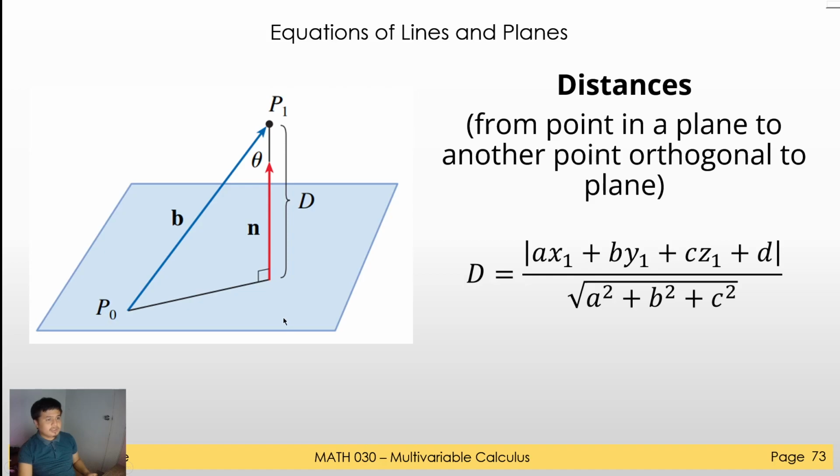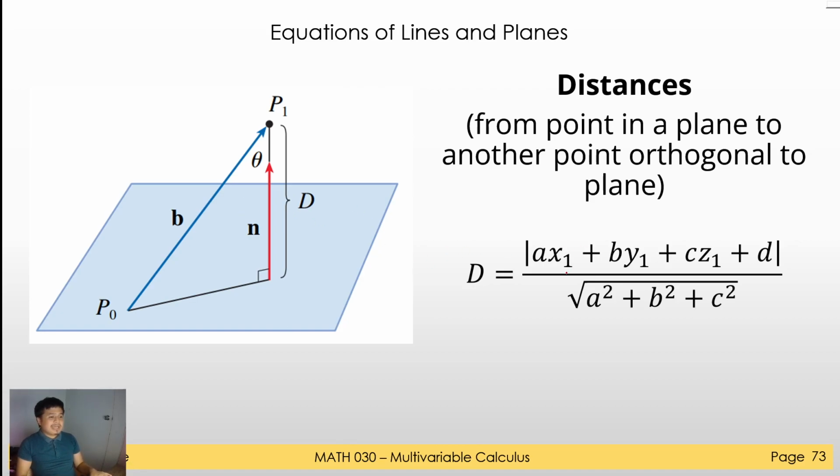Let's see, do we have another one? Okay, for the distance between a plane and a point, we can solve this using this formula. I won't show the proof anymore. It is pretty exhaustive, but maybe I can show it during class.